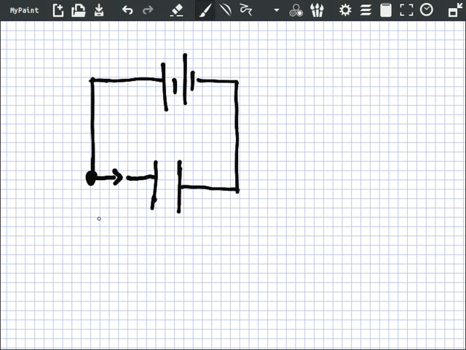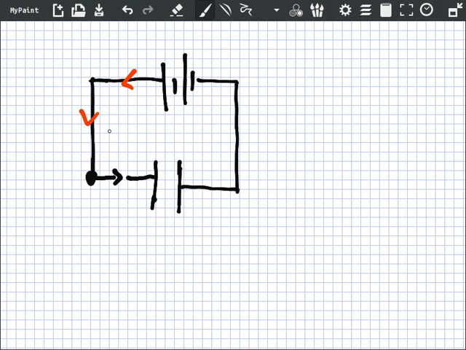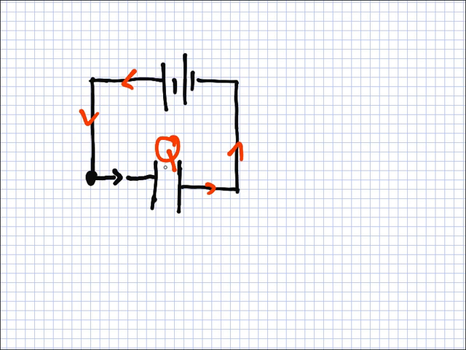Right now, the current flows along, and then the capacitor becomes charged, and so it holds a large charge Q. Then this switch swings down.